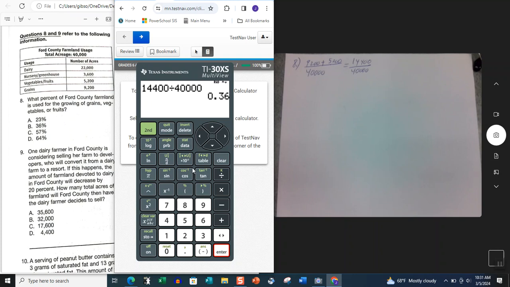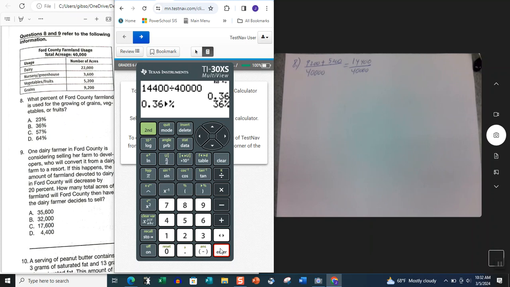Now, what I should have done, let me go back here. This is fine, but since I had messed this up, after you type this in, you could press second to close parenthesis, and then press enter.